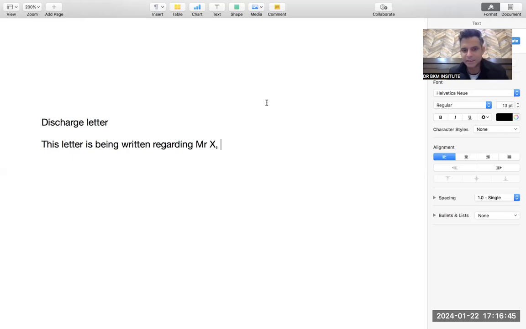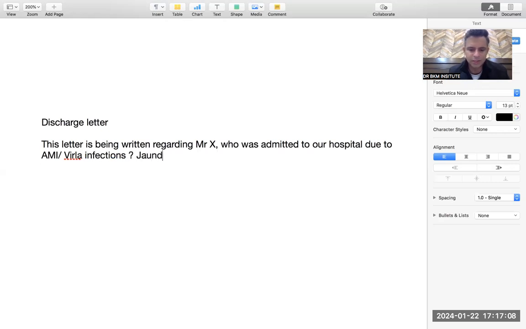This letter is being written regarding Mr. X, who was admitted to our hospital due to whatever the reason is, due to acute myocardial infarction, or due to viral infection, or you can say due to jaundice, or due to dengue, whatever the reason is. So you just tell the reason.